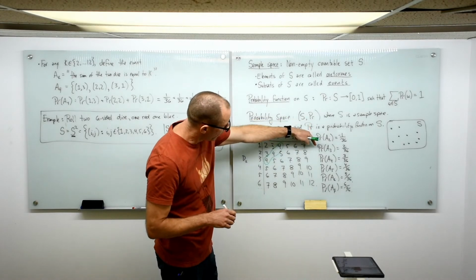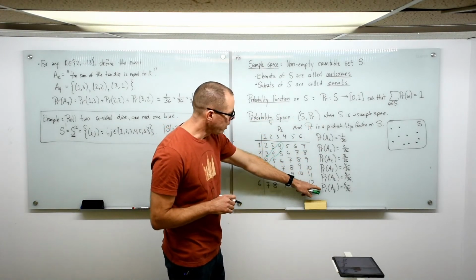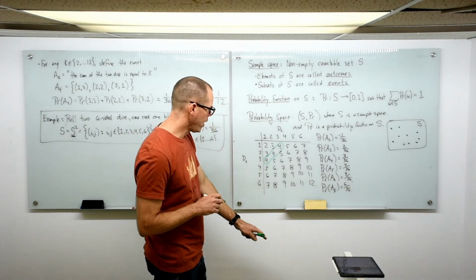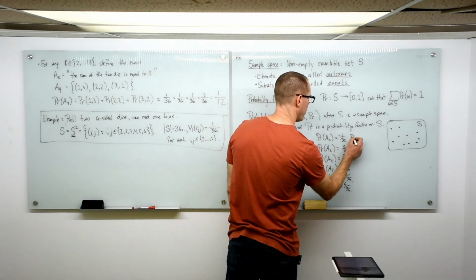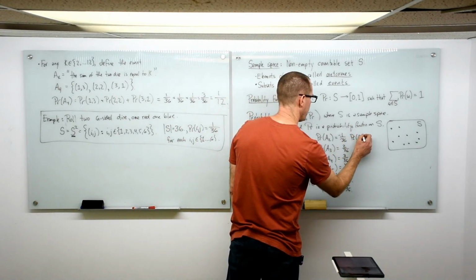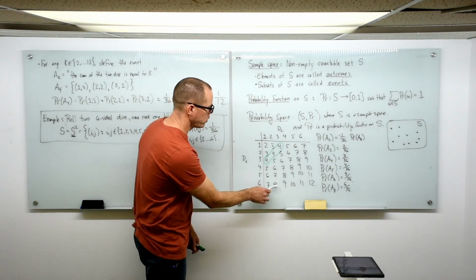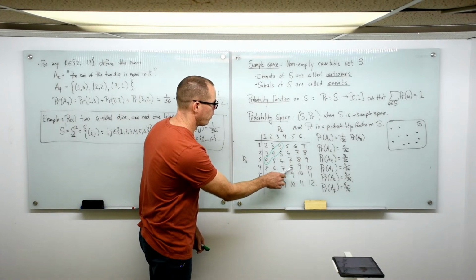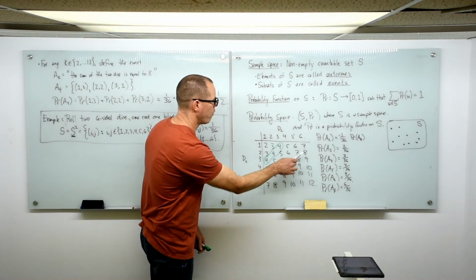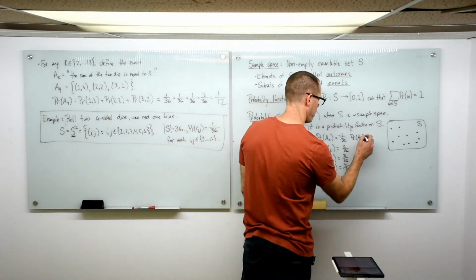So it keeps going up. It's more and more likely that I'm rolling higher numbers, but it peaks at A7, at rolling a 7. After that it decreases, because if I look at the probability that I roll an 8, I can get a 6,2, a 5,3, a 4,4, a 3,5, or a 2,6. There are only 5 of those.